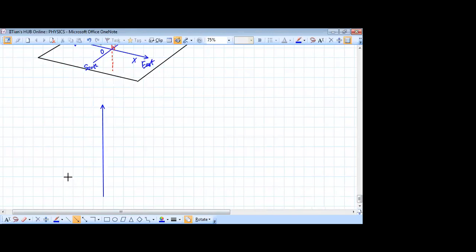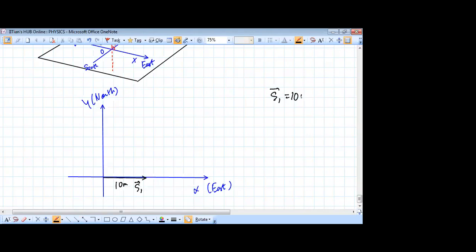You see that your x-axis towards east like this, and y-axis towards north like this. So your first displacement S1 will be 10 meters towards east. So S1 will become 10 I cap in meters.